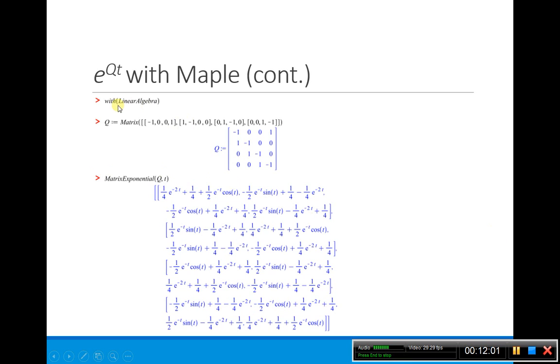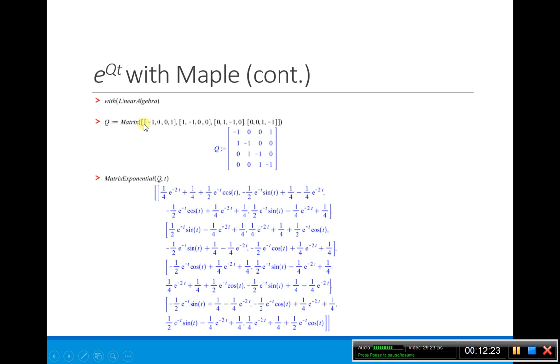So here, using Maple, this is the command. You need the linear algebra toolbox here, since you're working with matrices. You form your matrix, so you define Q to be your matrix. To define Q to be your matrix, you need this colon equals. Then you're going to say it's going to be a matrix, so you put it in parentheses.